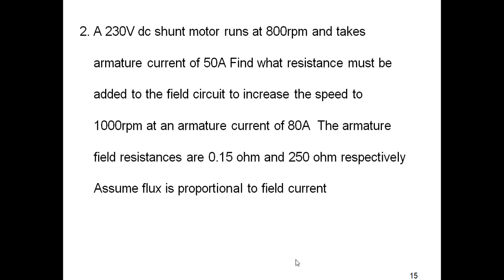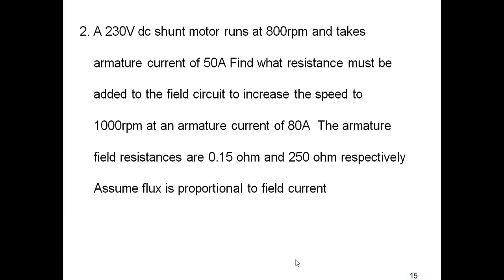Now let us see the next problem. A 230 volt DC shunt motor runs at 800 rpm and takes an armature current of 50 amperes.